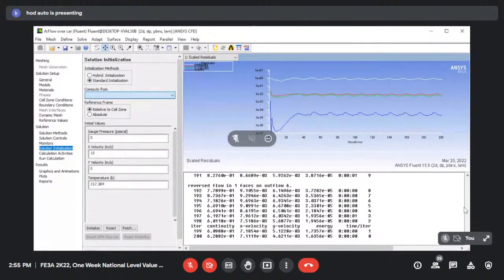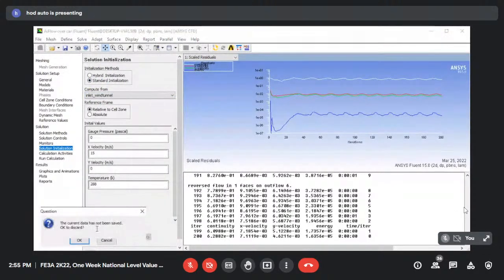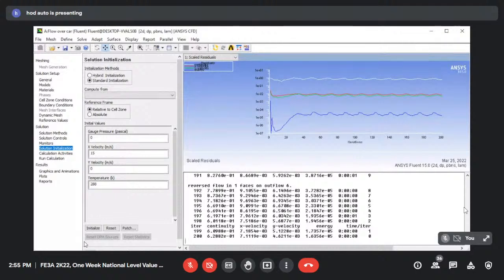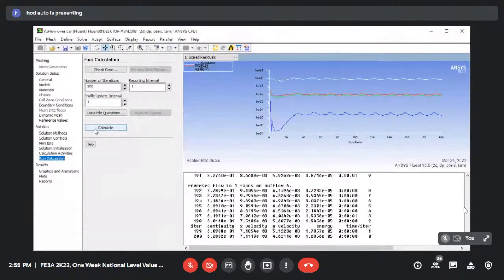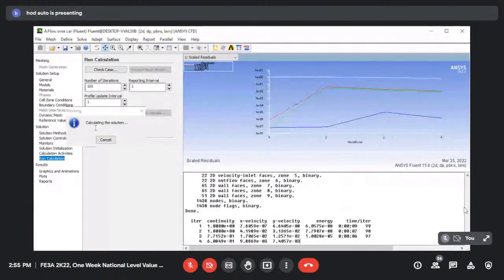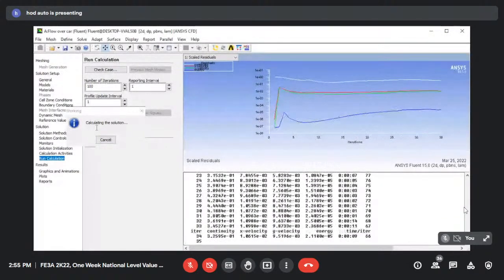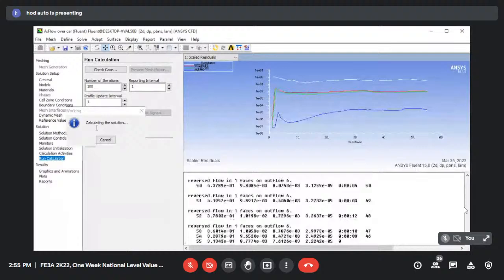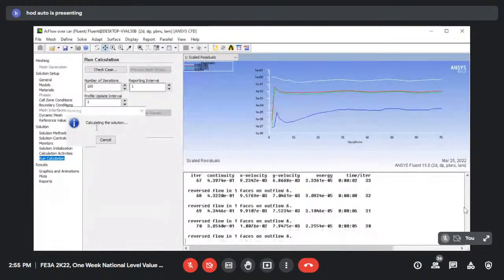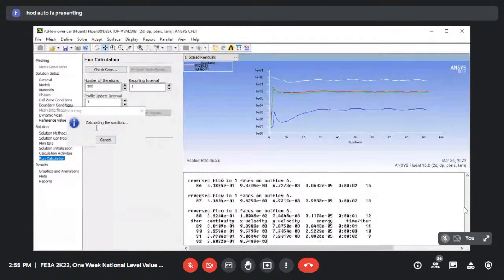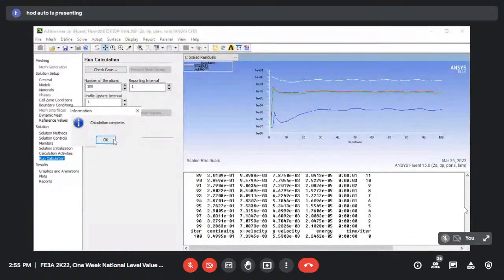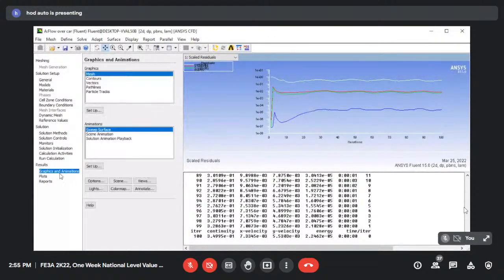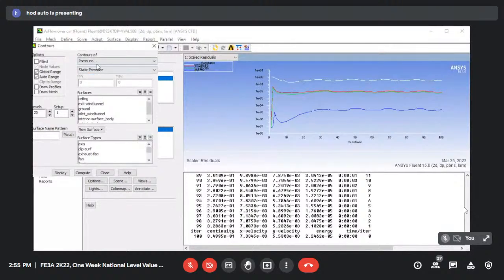Ask it to compute again. Keep trying. At one particular point you get convergence. Anyhow, I'll just show you how this particular situation looks now.